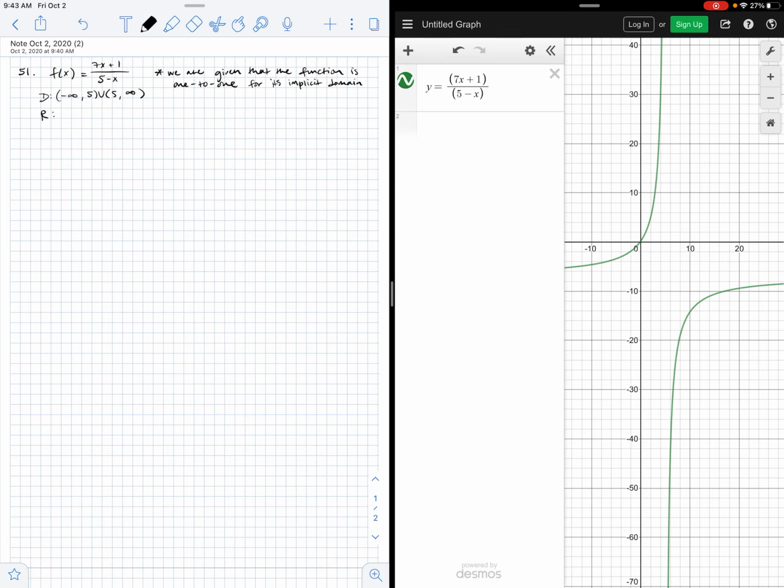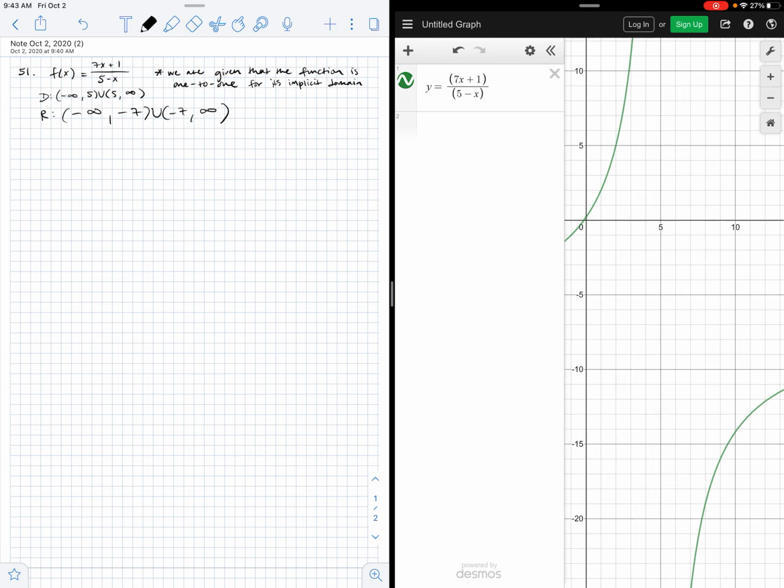Okay, so you could determine what the domain and the range are from reading the graph, which is a little bit challenging to see. We'll actually be studying this in chapter 2, where I can see that the range is from negative infinity to negative 7 union negative 7 to infinity.